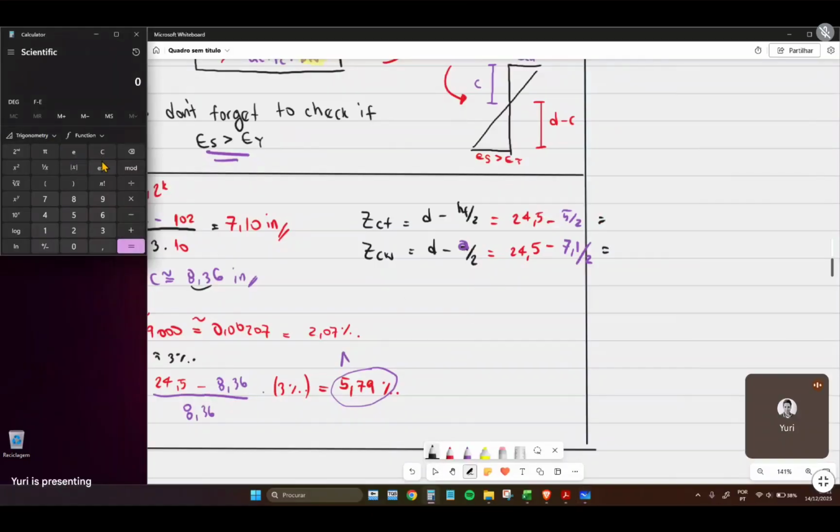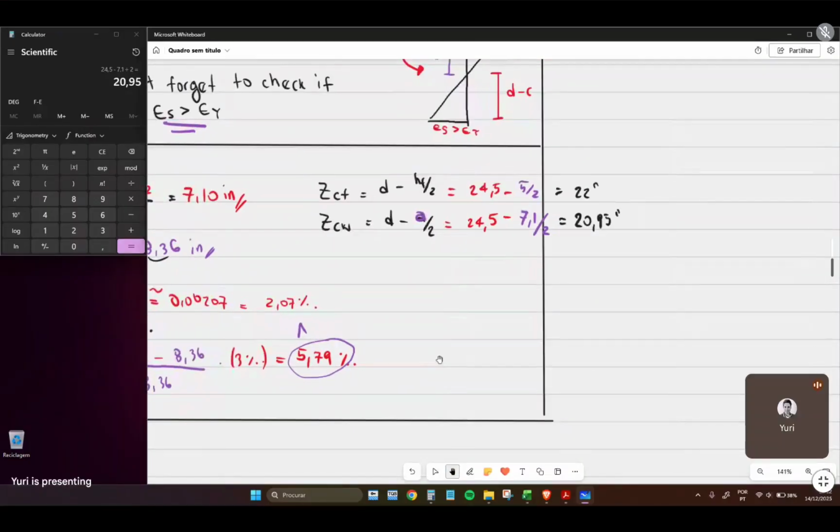So calculating here, we have 24.5 minus 5 over 2, which is 2.5, of course. So here we have 22, and here we have 24.5 minus 7.1 over 2, which is 20.95 inches.